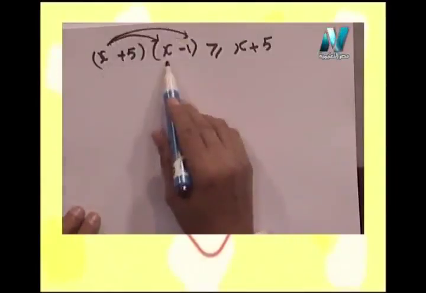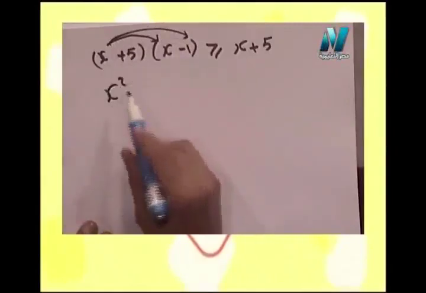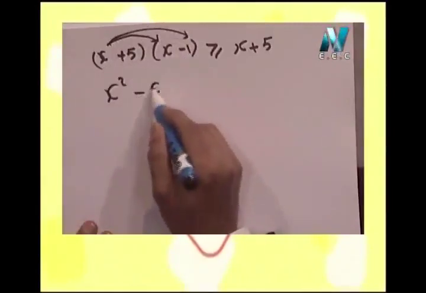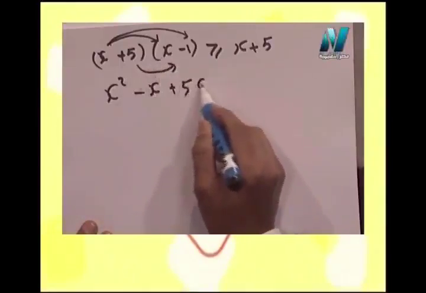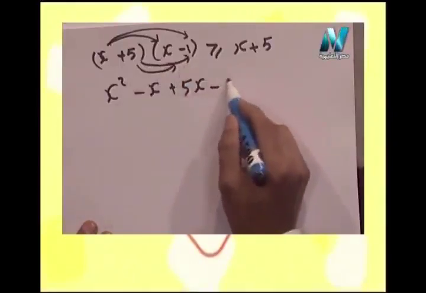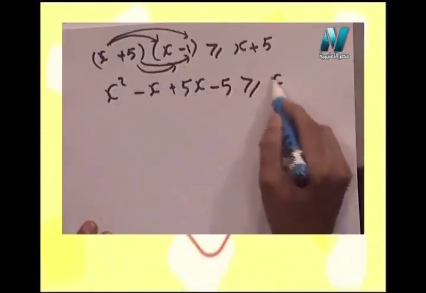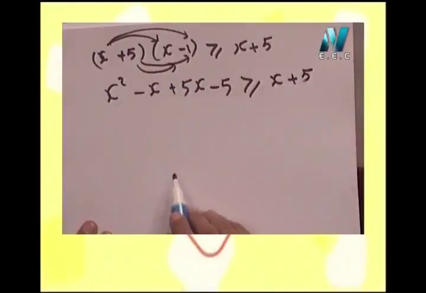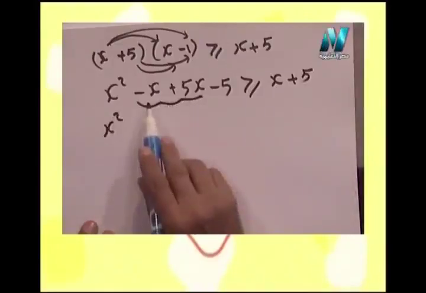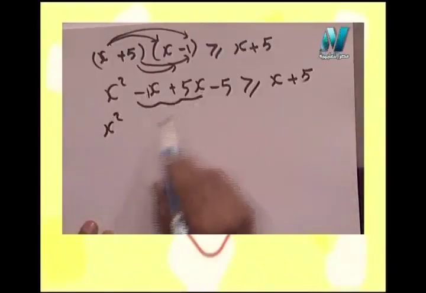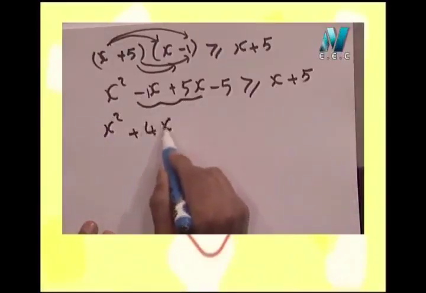X multiplied by x equals x power 2. X multiplied by negative 1 equals negative x. 5 multiplied by x equals 5x, and 5 multiplied by negative 1 equals negative 5, greater than or equal to x plus 5. We simplify it: x power 2, and negative x plus 5x will be positive 4x, minus 5.